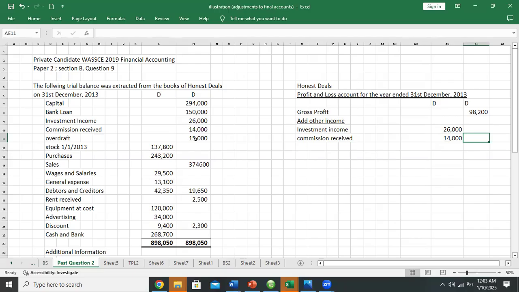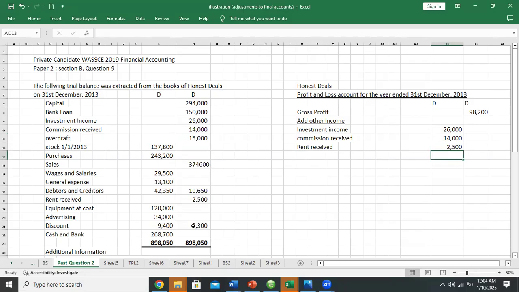Okay, so I was saying the overdraft is a liability. That's when you take more than what you have in your bank account. It's an overdraft, a liability. So that also goes into the balance sheet. This is sales. We have used it in the trading accounts. Then this is creditors. Creditors is also a liability. The next one is rent received, and I think we indicated that rent received is also an income, 2,500.